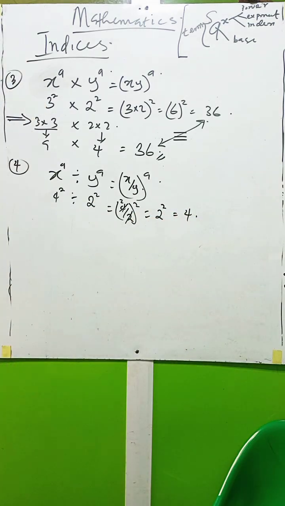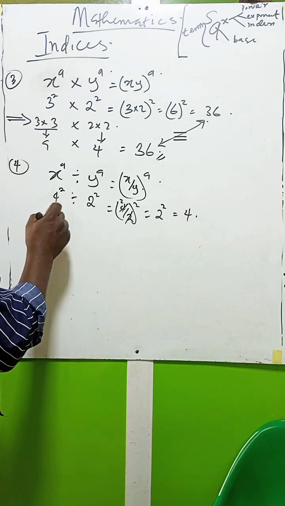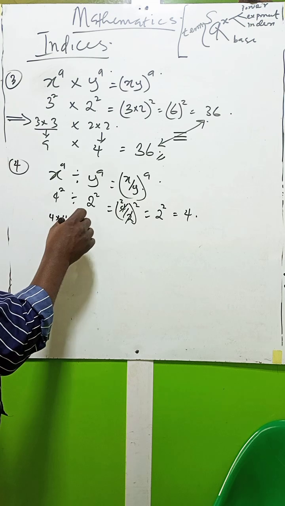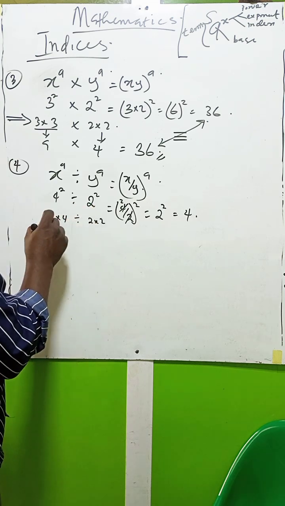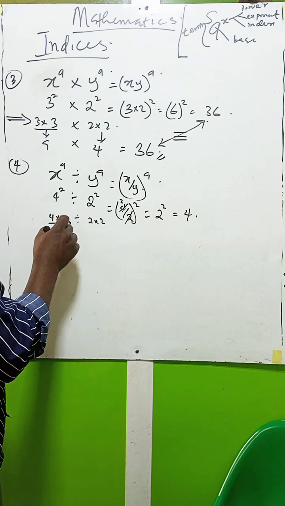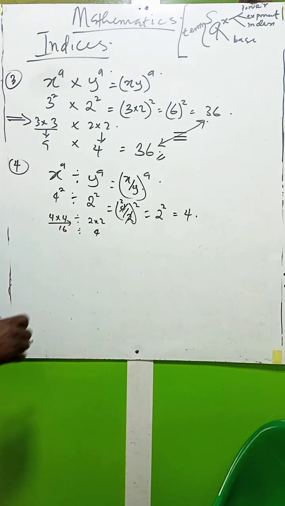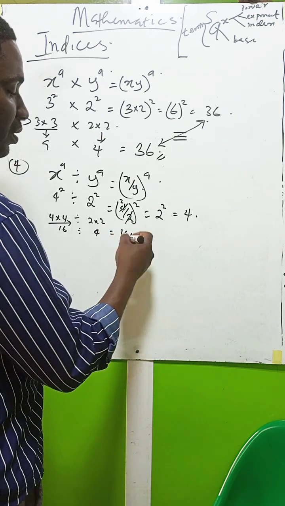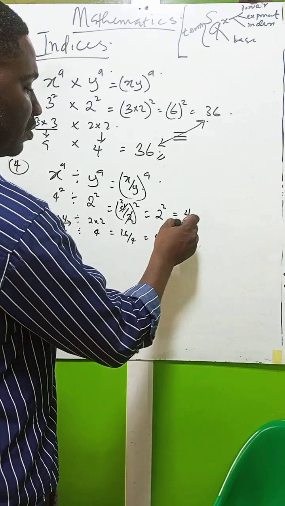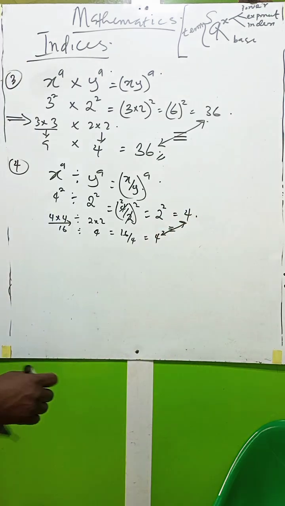Now, looking at it arithmetically, 4 raised to power 2 is 4 times 4 divided by 2 times 2. 4 times 4 is 16 divided by 2 times 2 is 4, which is 16 divided by 4, which is 4. And see the equivalence. They are equal.